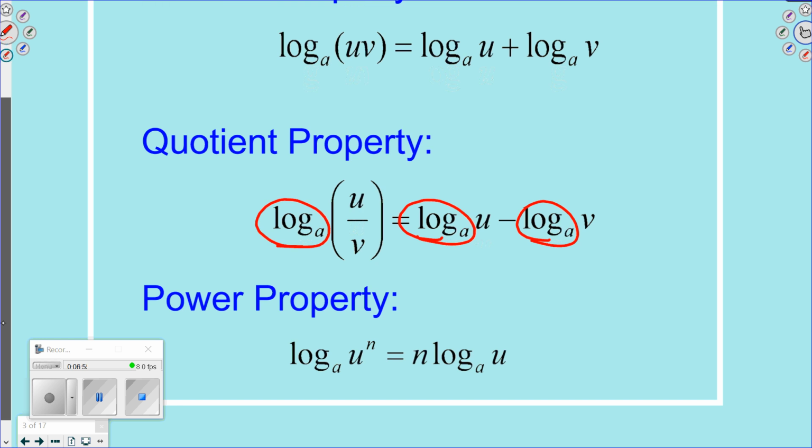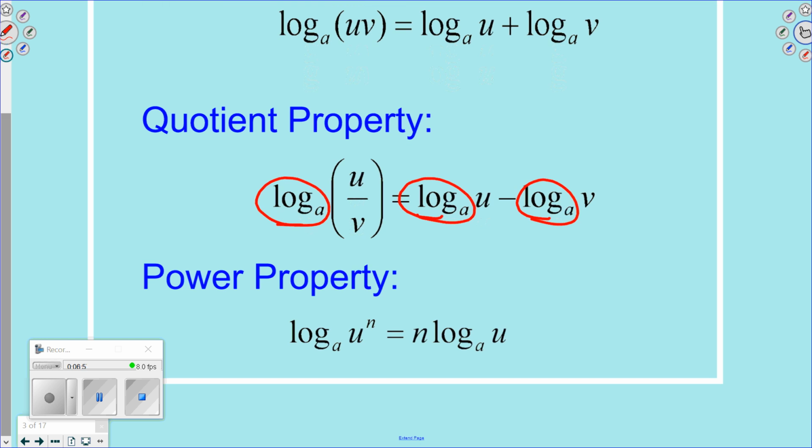All right, and then you also have this one, which to me is the most fun property. I don't know why, but I just enjoy this property. It's your power property. If whatever thing you have has an exponent on it, that exponent gets thrown out in front of the log. See, it's out here. It's no longer here, it's out in front as multiplication.